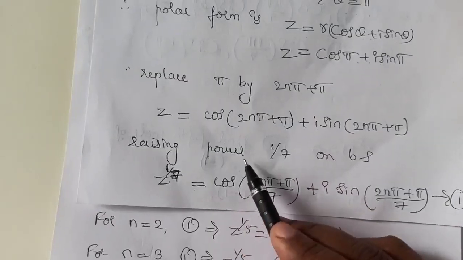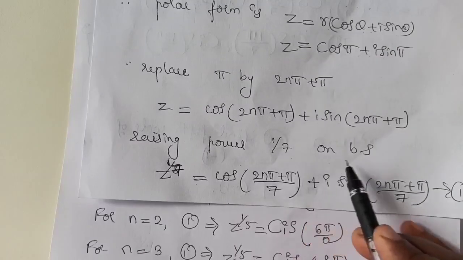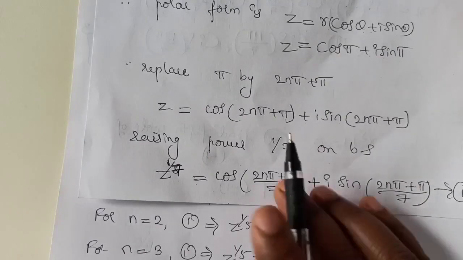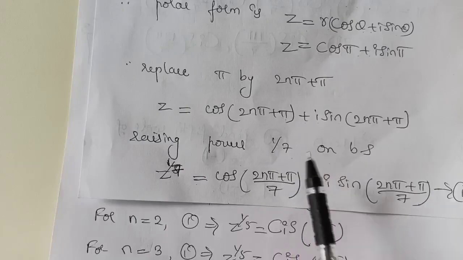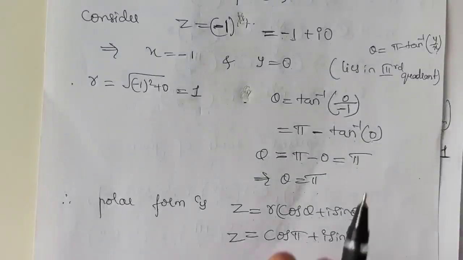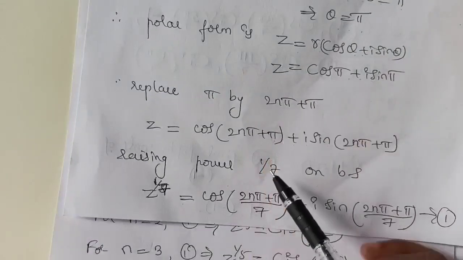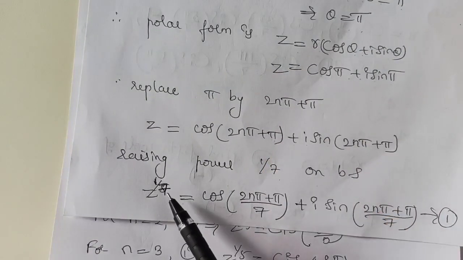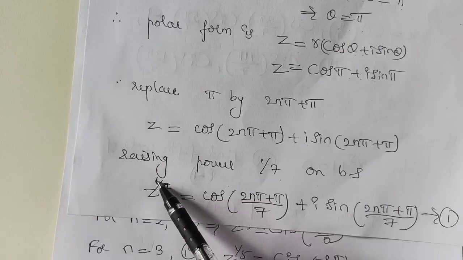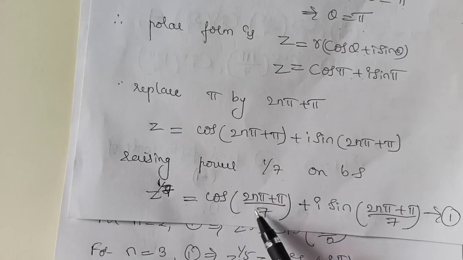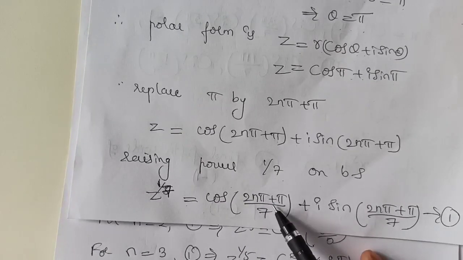Now raising the power 1 by 7 on both sides. Here we raise the power by 1 by 7 because we want to calculate the 7th roots. On raising the power, we get z power 1 by 7 equals cos of (2n pi plus pi) divided by 7.